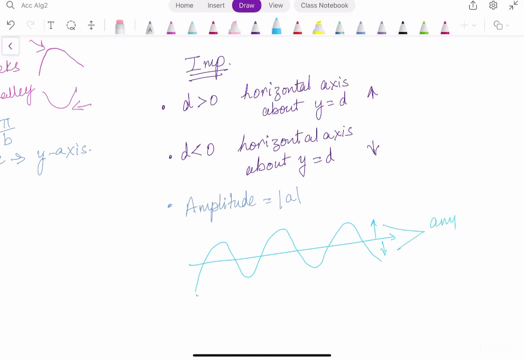So how high the graph is going up. So the amplitude can be more defined as height from the center line to the peak.